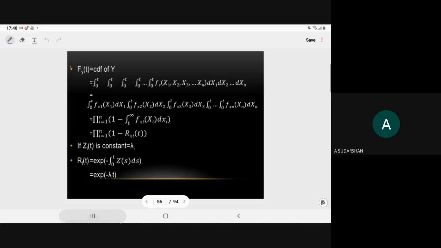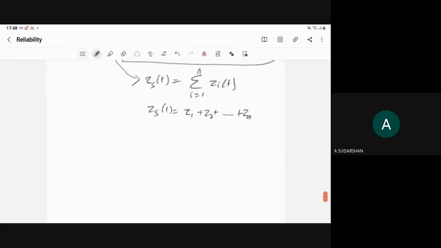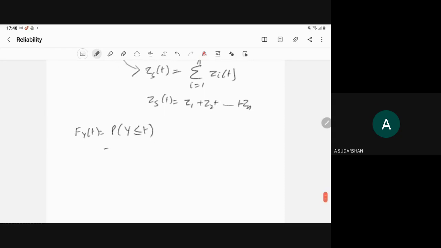What is the meaning of the FY(t)? Probability that Y less than or equal to t, right? So it is the integral 0 to t, integral 0 to t, integral 0 to t, n times joint distribution fs of the variables x1, x2, xn.